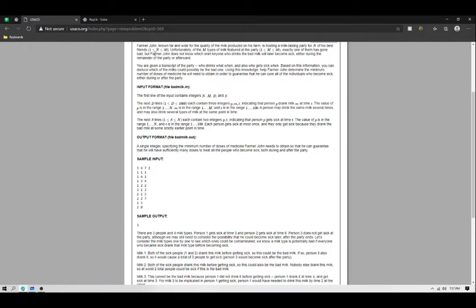Farmer John doesn't know which one, but anyone who drinks that bad milk will become sick either during the party or afterward. And we get a transcript of what happens at the party with N, M, D, and S.